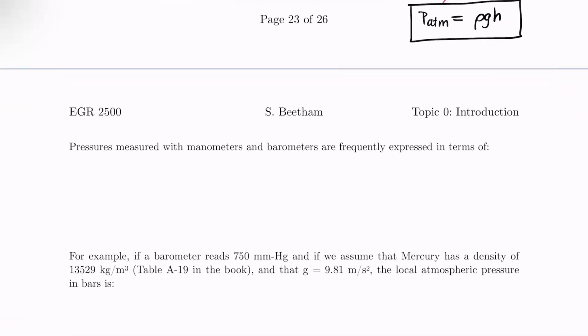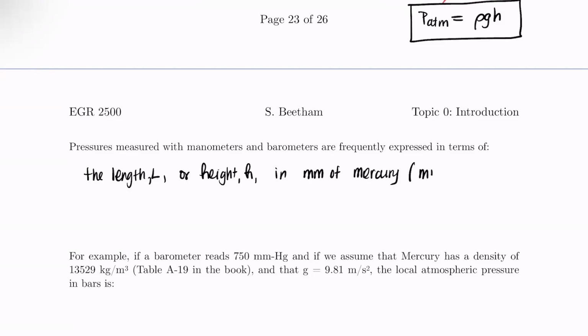It's also worth mentioning that pressures associated with manometers and barometers are measured in terms of that height of the column. So we are measuring in terms of the length L, or the height H, in millimeters of mercury, which is abbreviated mm-Hg.